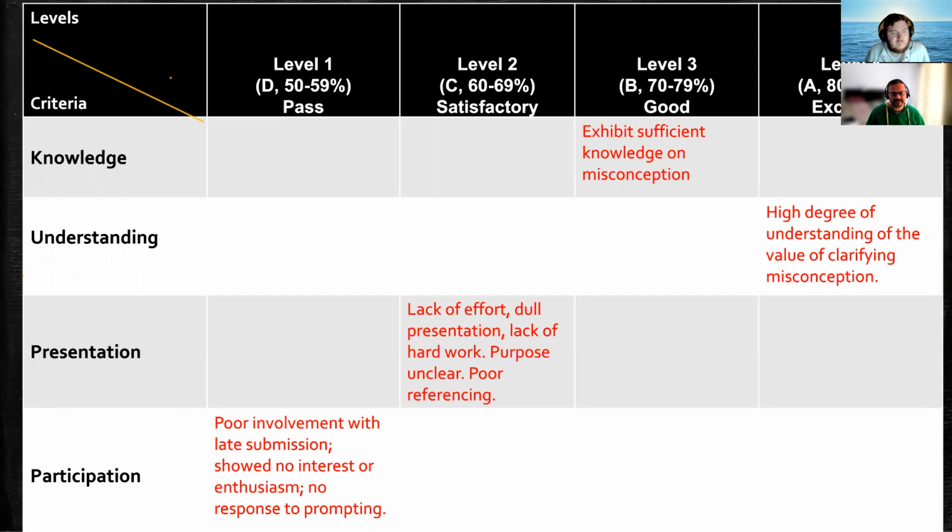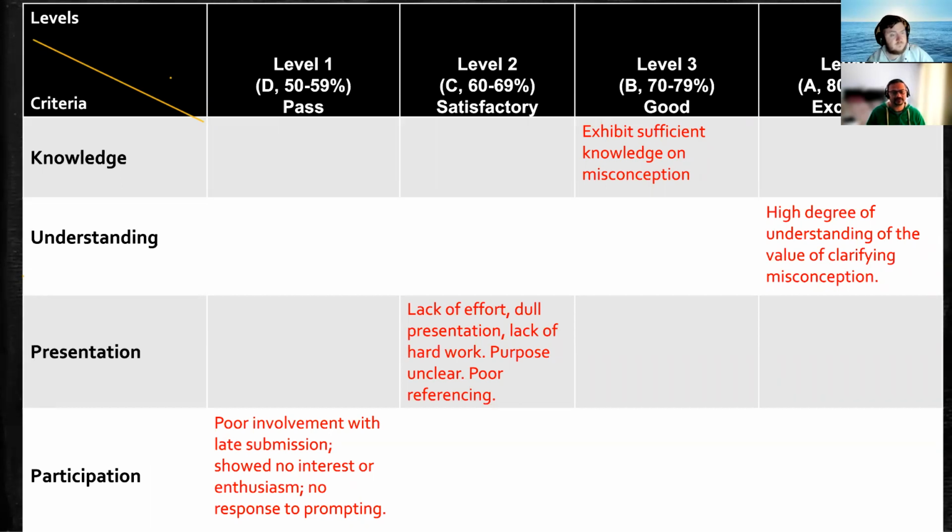If your presentation lacks certain effort, or it's pretty dull, pretty straightforward, but doesn't show much hard work behind it, then it brings you down to grade C.